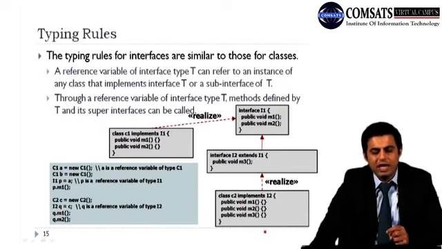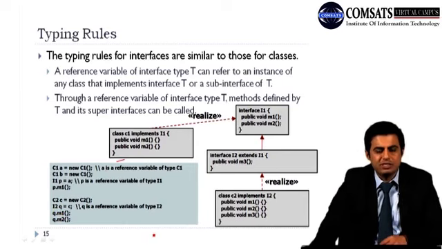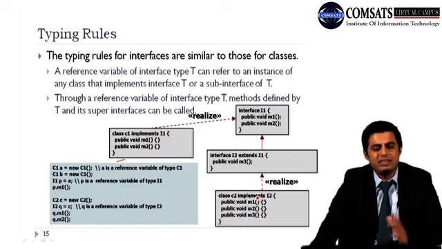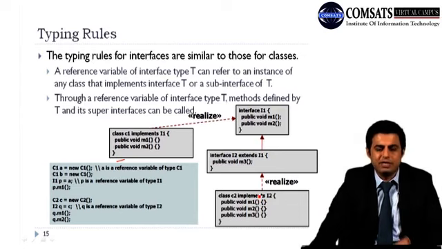Now you can call m1 and m2 from q as well, because it's the same kind of concept: if you can call m1 from p, you can also call m1 and m2 from q, because q is of data type I2. So this is how you can call methods of interfaces. Of course, you are not calling them directly. What you are doing is using interfaces as a data type, and then calling those methods which are actually implemented in their implementing classes.